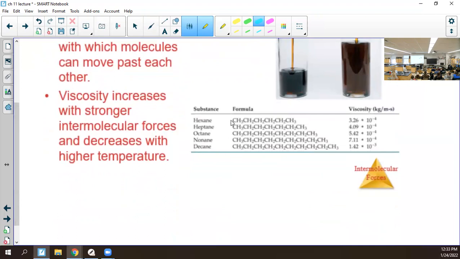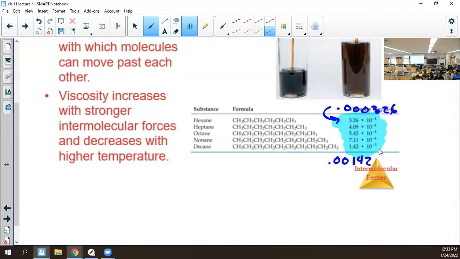So we would say that these substances here, we have hexane, heptane, octane, nonane, and decane. And their viscosities are listed right here. And so let me write them as normal numbers. 0.1233326 is this value. And 0.12142 is this value. So this is a much larger molecule right here.